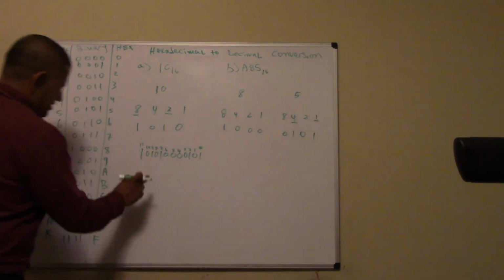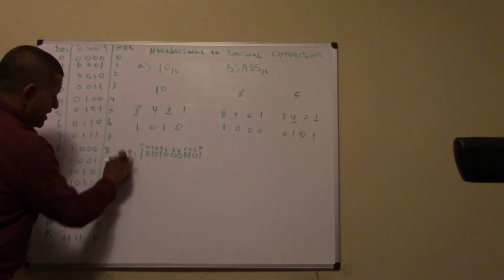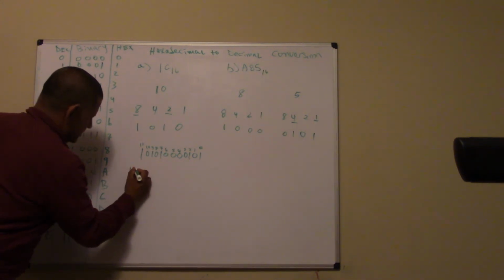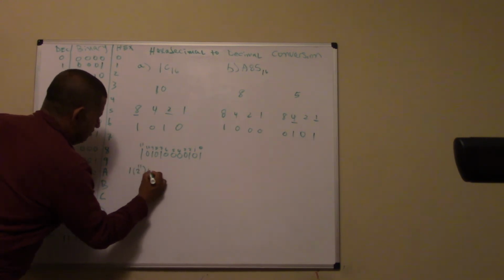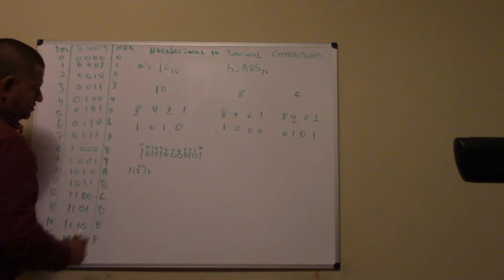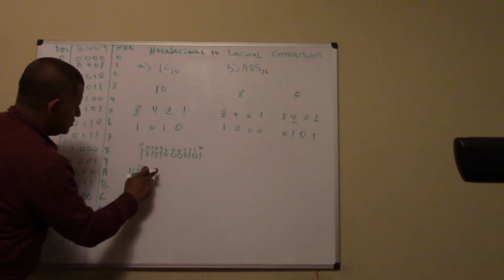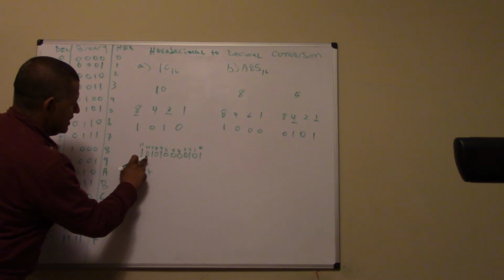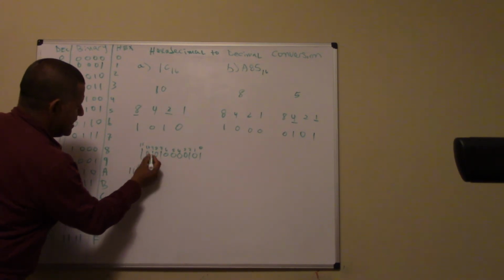Now, here, in this first one, I can say 1 times 2 to the 11th power plus. So this is 0, so I don't have to worry about that. But I got a 9 here.